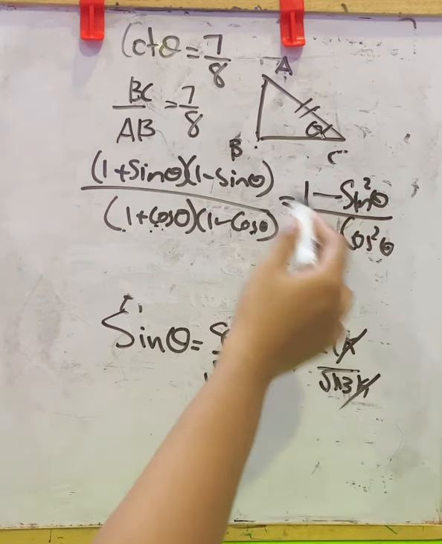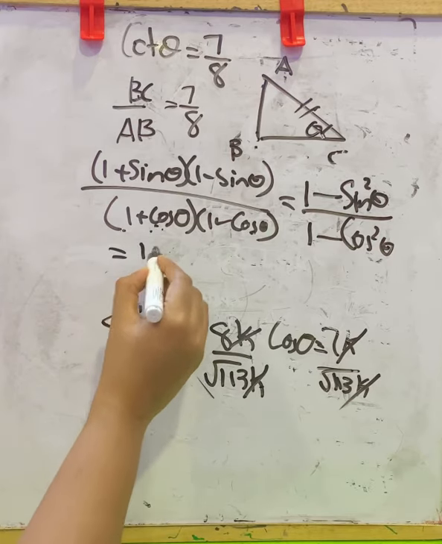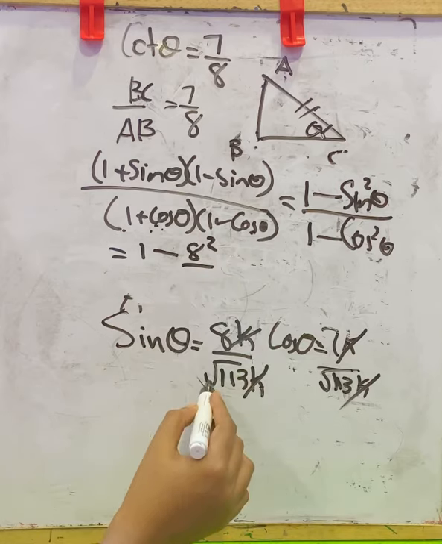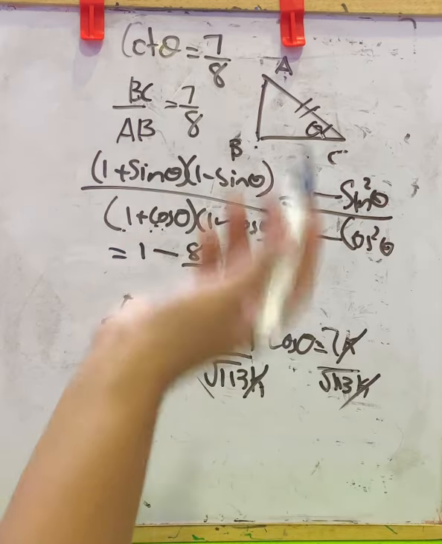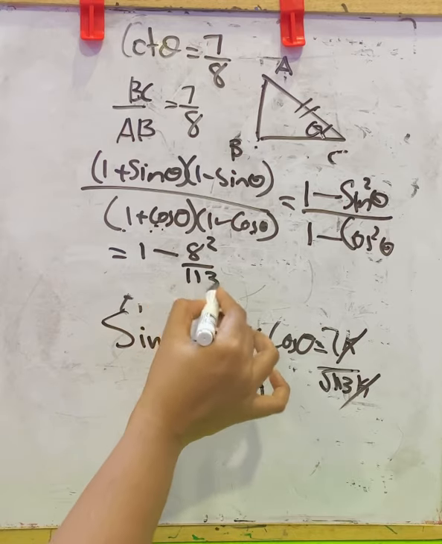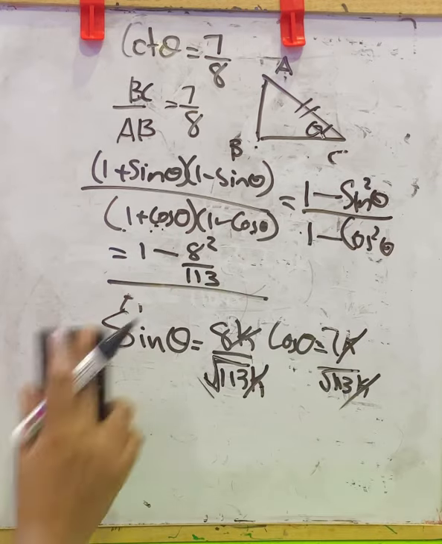So here we need sin square theta, that is squaring this. This becomes 1 minus sin square theta, that is 8 square by root of 113 square. While squaring, the square root will be cancelled, so 113, by 1 minus cos square theta.